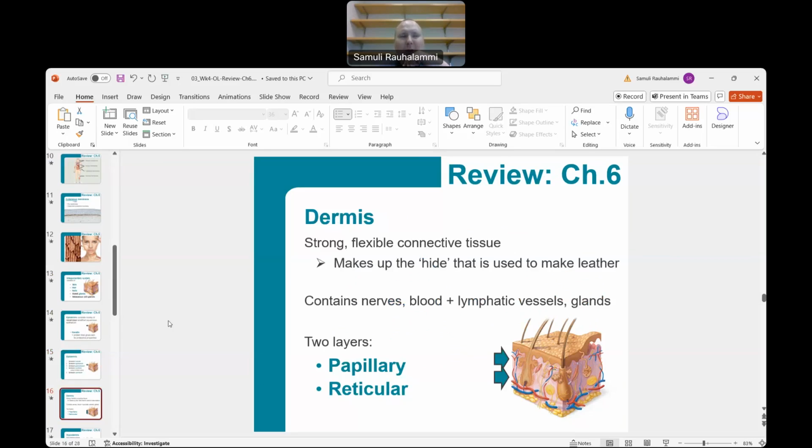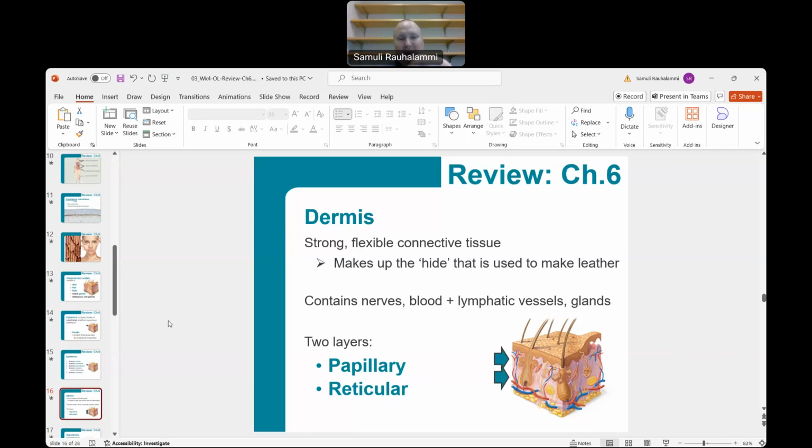The real part of the skin that forms the hide when we produce leather objects, the meaty part of the skin, is known as the dermis.